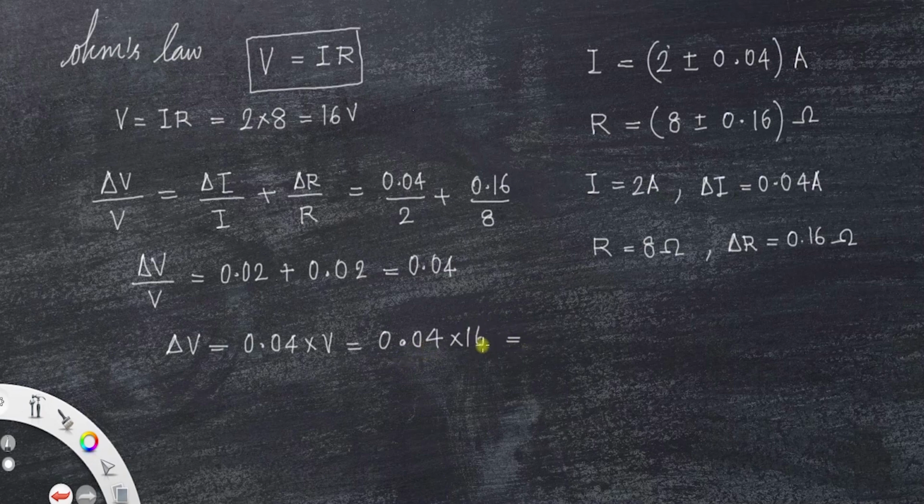So multiplying 0.04 into 16 is 0.64 volt. So the final voltage is equal to 16 plus or minus 0.64 volt. Clear? So this is the final expression of the voltage with the error limits.